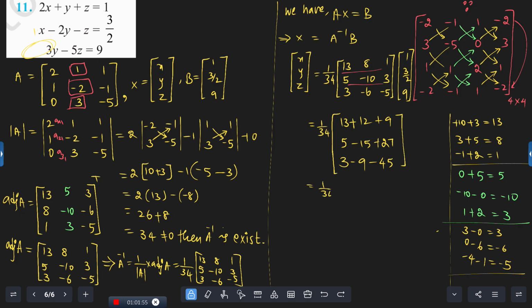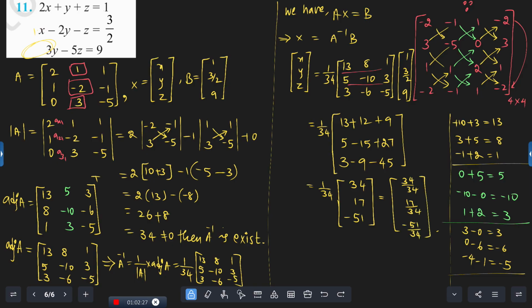So let's simplify this. 1 by 34 into, add everything. What I am getting? 20, 25, 34. This is 34, the first one. Second one, 17. Next one, if you remove, 6 minus 51. So if you bring 34 inside, 34 divided by 34, 17 by 34, minus 51 by 34.